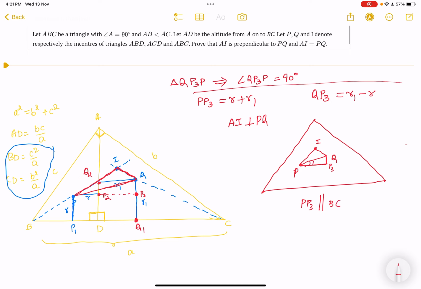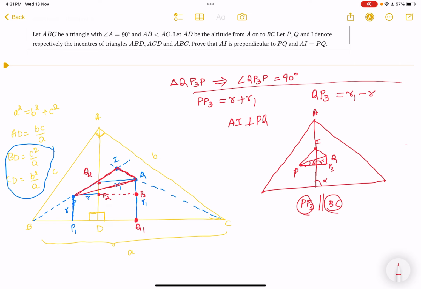Let this angle be theta, right? Let us join A and I. So let the angle made by AI with this be alpha. If this angle is alpha, this is also alpha because PP3 and BC are parallel, right?